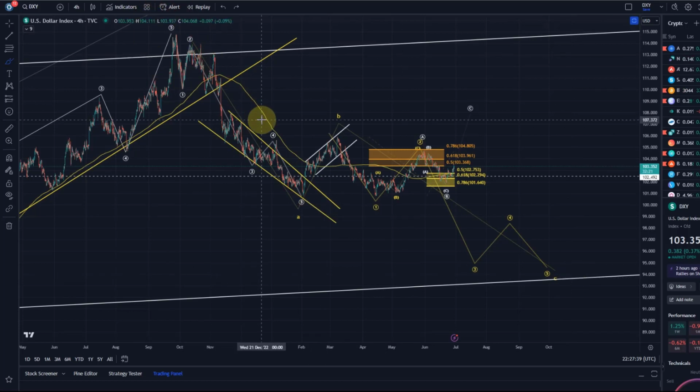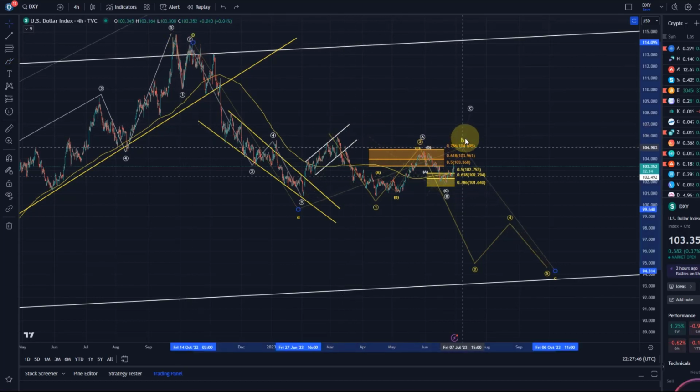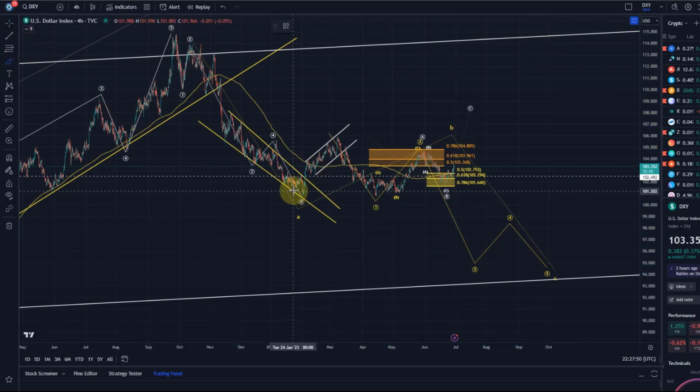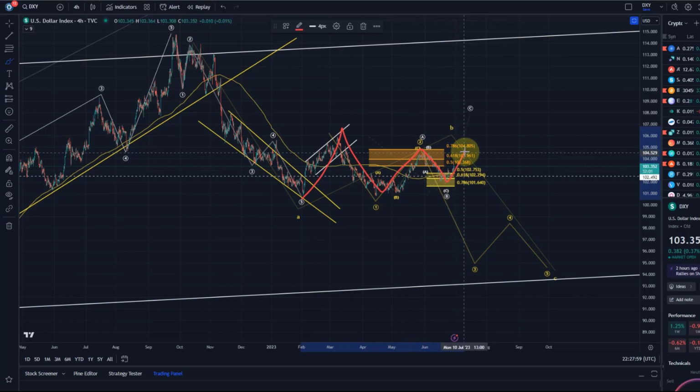Low $90 region, yeah. In the second scenario, we just draw it a little bit differently and would say, okay, this B wave actually is a triangle and would end somewhere here. And the count would be unchanged. A wave down here, and then the B wave is an A wave, a B wave, a C wave, a D wave, and an E wave.